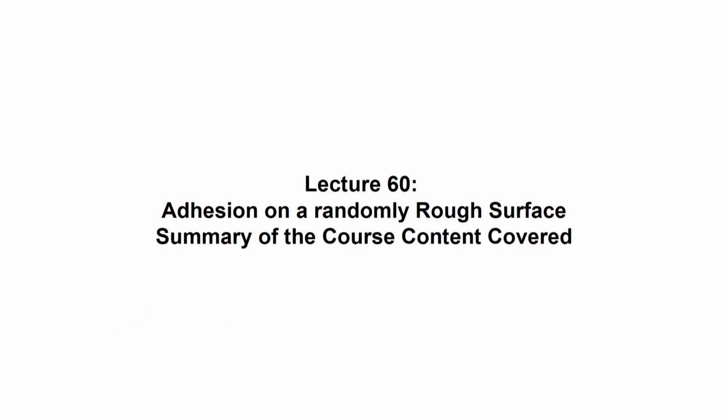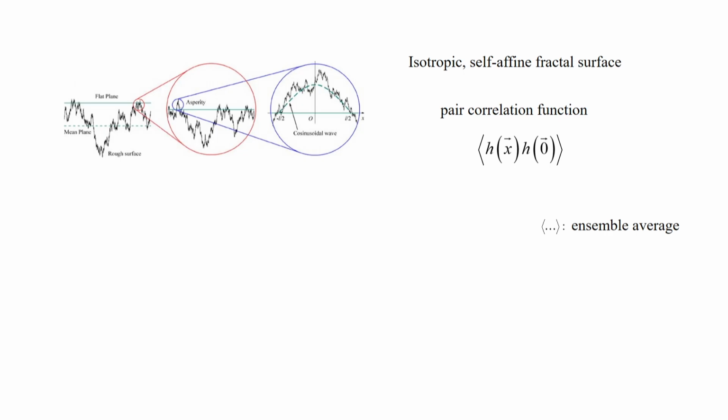So, what do we do with this? What we can obtain is known as the pair correlation function. That shows how the surface patterns keep coming back at some interval. This is obtained by the quantity h(x) times h(0), and this sign means ensemble average.